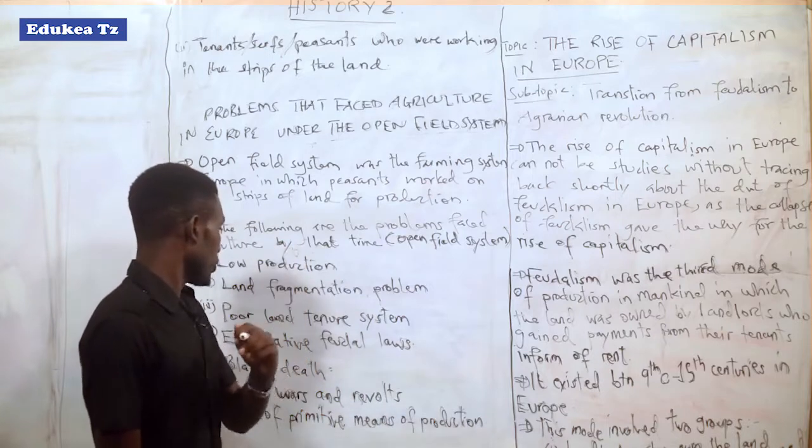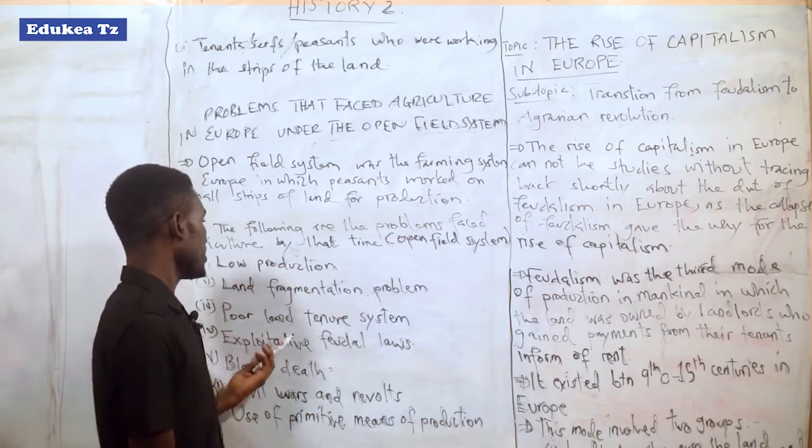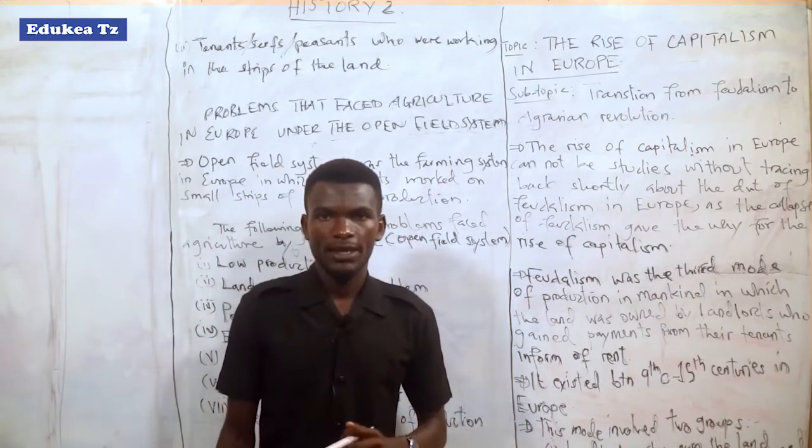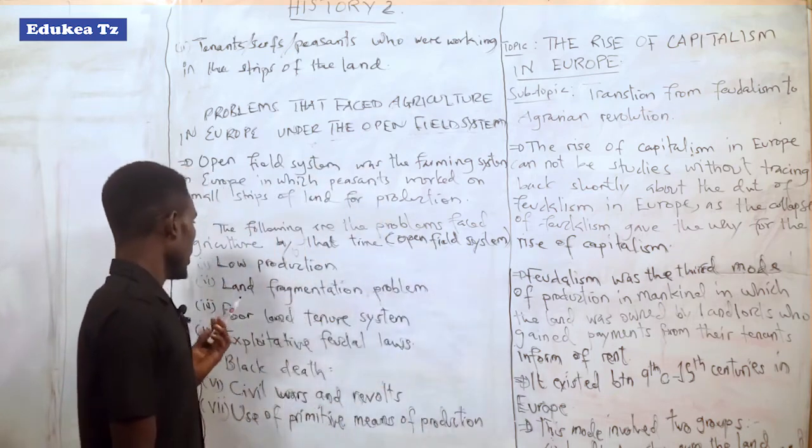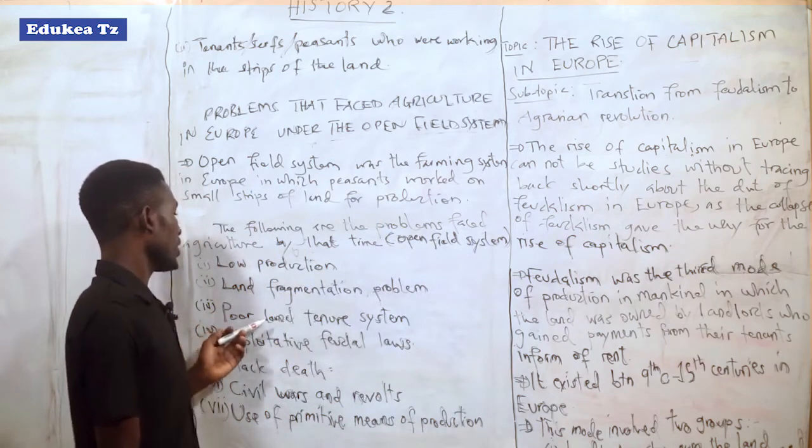And the third point is the poor land tenure system.